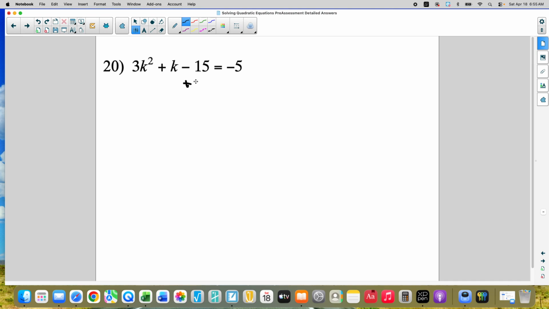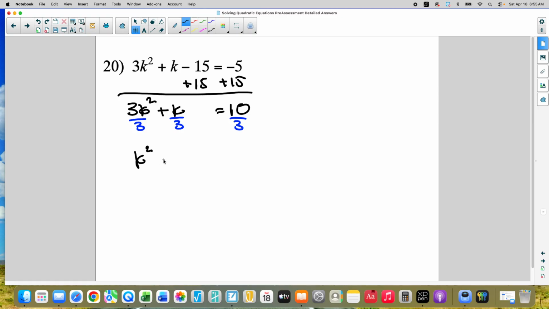We're comfortable with it. I'm going to move my constant so I don't have too many fractions. 3k squared plus k equals 10. I'm going to divide everything by 3. k squared plus 1/3 k equals 10 thirds.